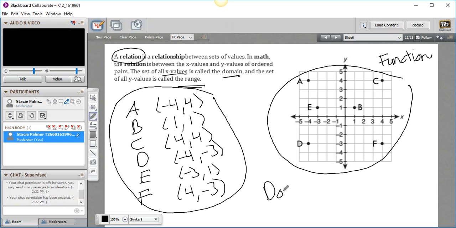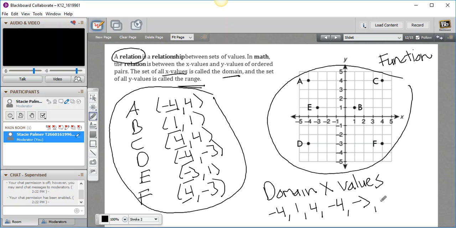The domain would be all of our x values. Okay, so -4, 1, 4, -4, -3, and 4. So if we were asked to list the domain, that would be all of our x values for this relation.